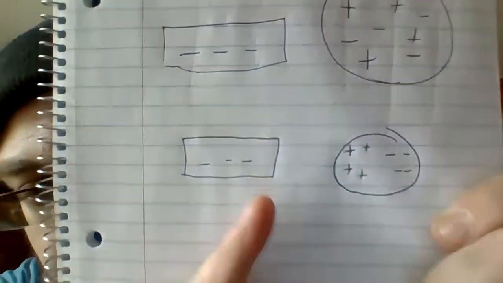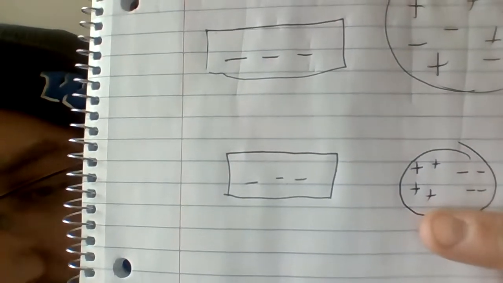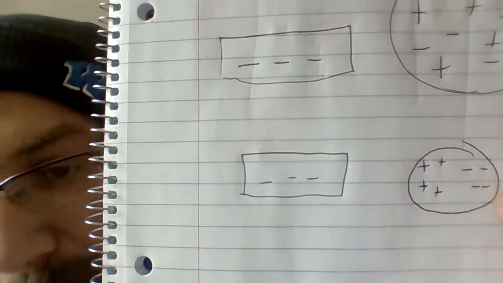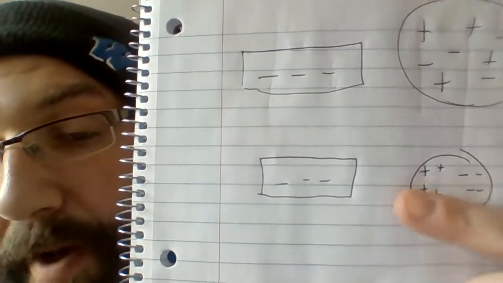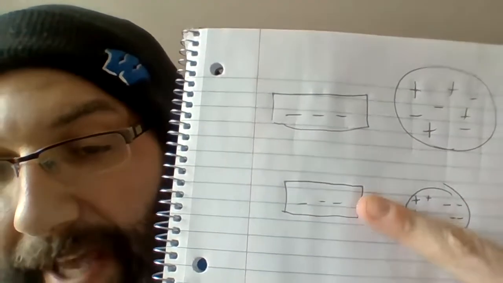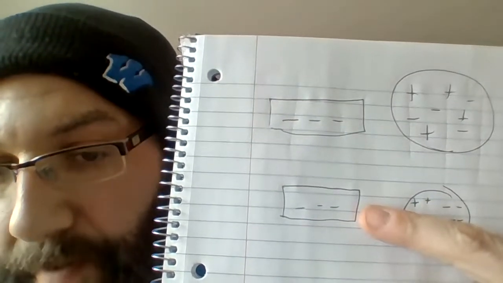Well, the item is going to stay negative, and we know opposites attract and like charges repel. So when we bring it closer, this is what happens. All of the positive charges basically kind of stay put, but the negative charges get as far away as possible because we know same charges repel and opposites attract. And now that there is this positive end and a negative end, that's going to cause an attraction from one end to the other.